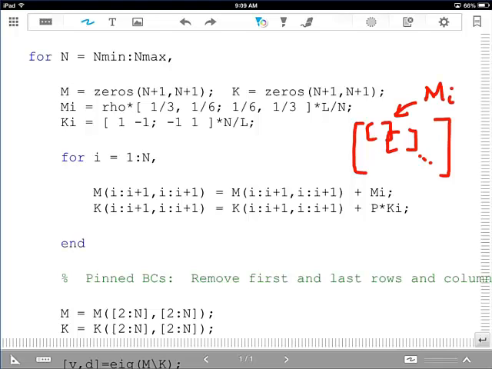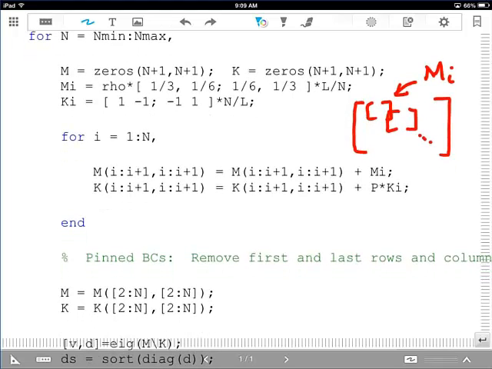And these are the matrices that you remember seeing from the notes. They've got the mass per unit length out here. They have the length of the, well, basically L over N is like the length of each element over here. And same for K. K has that form we had in the notes.